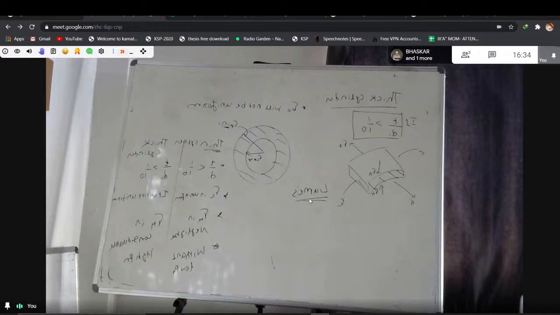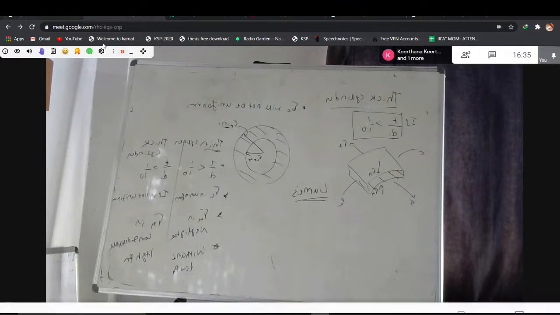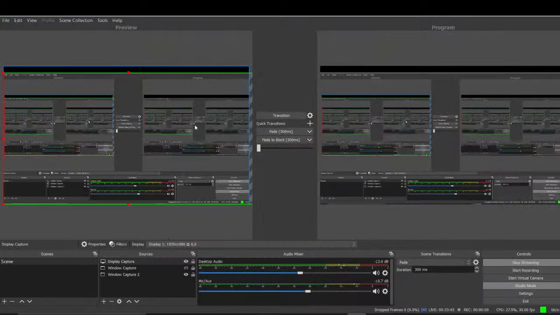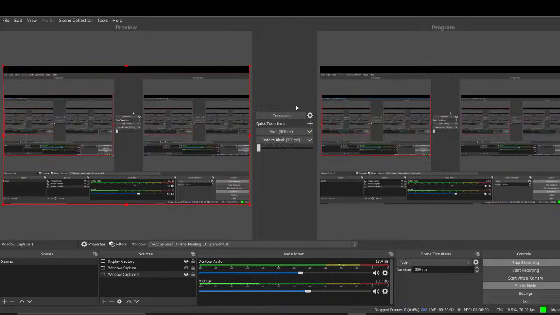Can you hear me all right properly? Sir, on YouTube the screen is reversed. Is it correct now? I can see here it is proper.